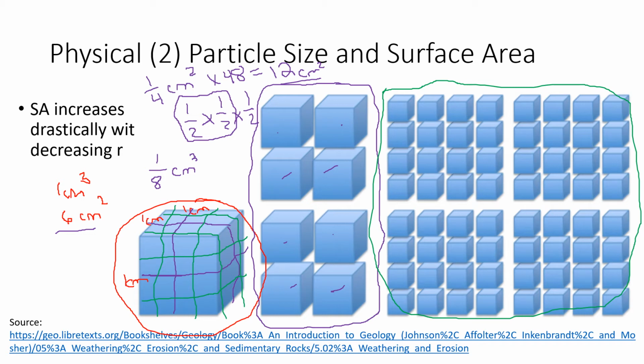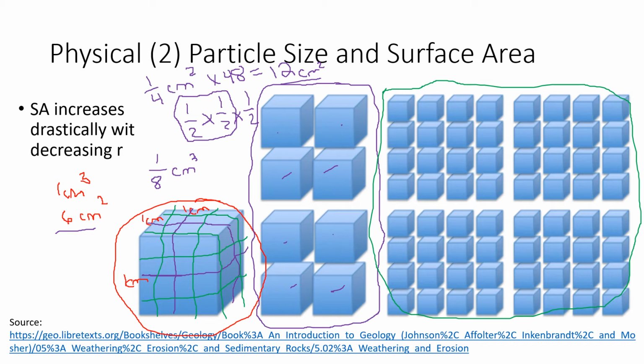But now our surface area, so let's see, 1/8, sorry, 1/4, right? Yeah, 1/4. 1/4 times 1/4 will give me 1/16 of a square centimeter for each face, right? Times 6, so 6/16, right?